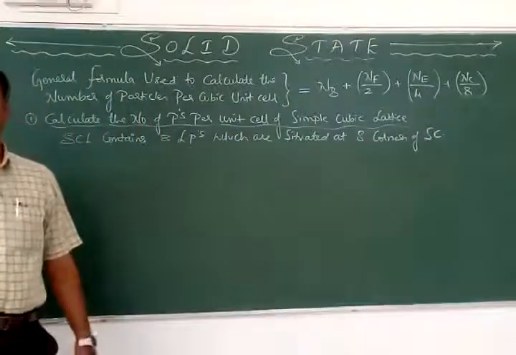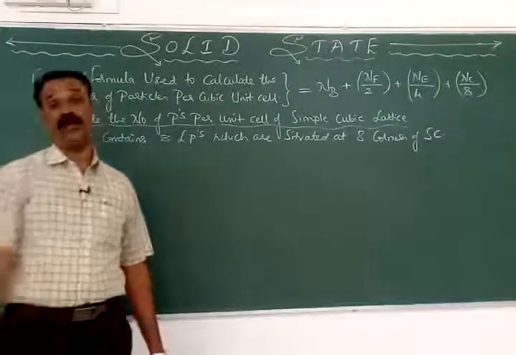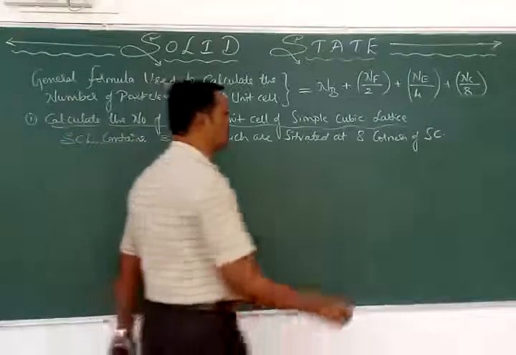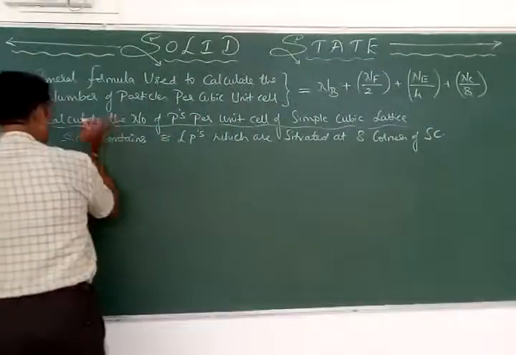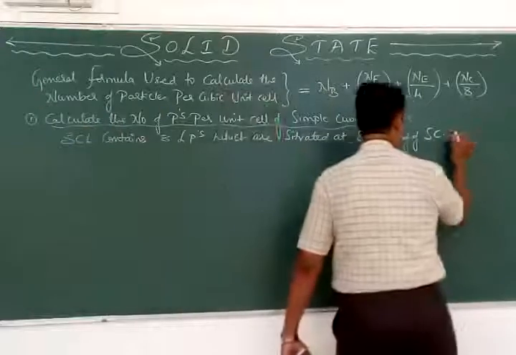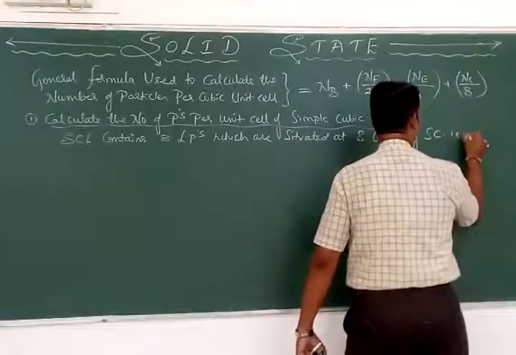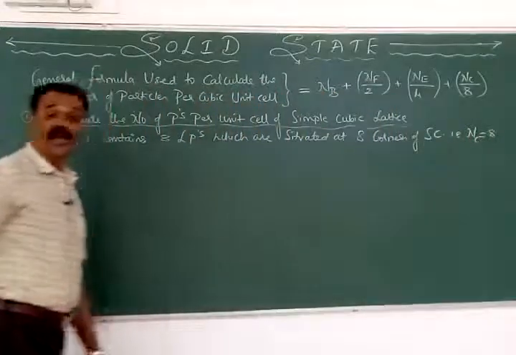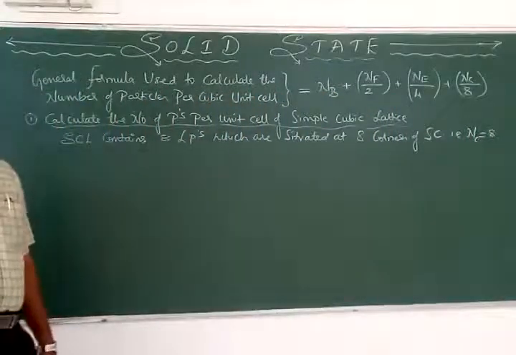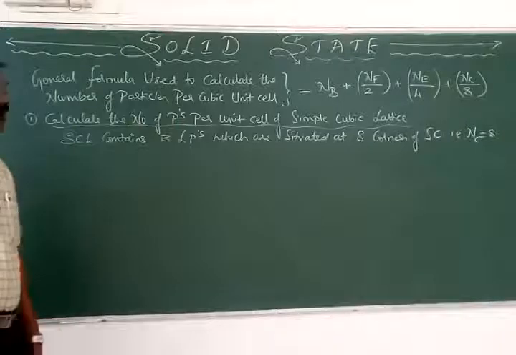How many corner particles do we have? The 8 corner particles. That is, can I say that NC is equal to 8? NC is equal to 8. What is NC here? Number of corner particles.